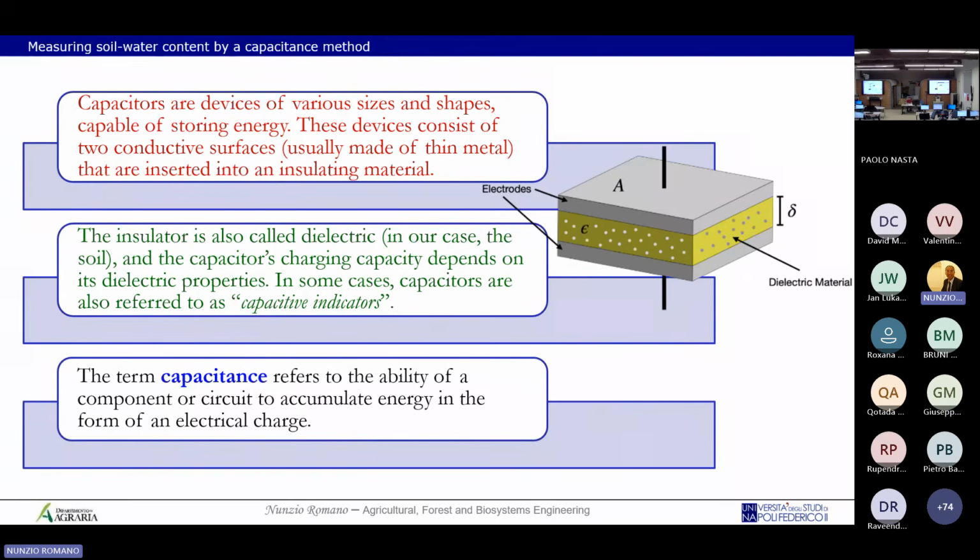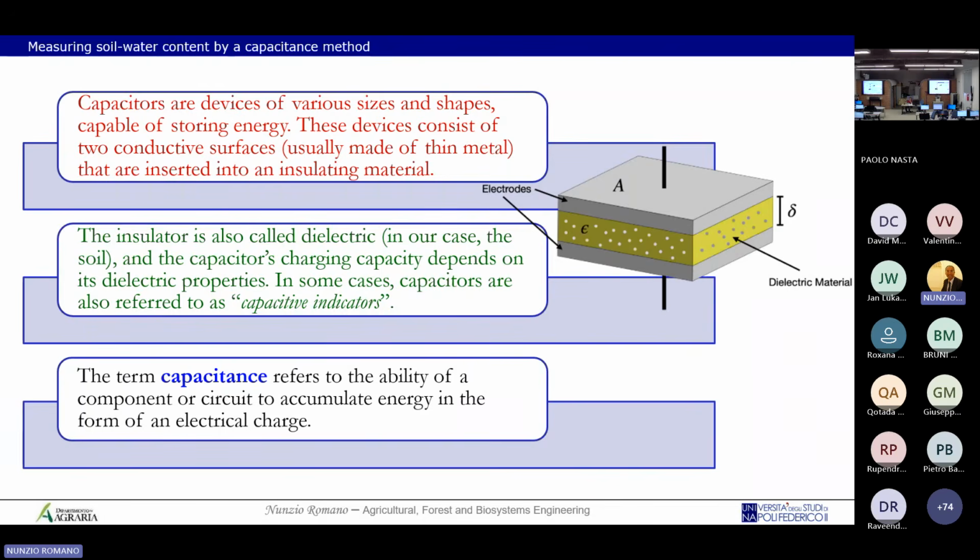Again, the capacitors, when you have them at school, are just devices that store electrical energy. This is the simplest way I can say to explain this. In the capacitor, you have the electrodes, usually metal, and then there is the dielectric material.